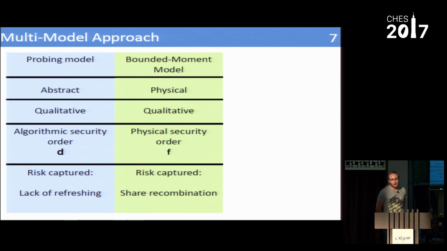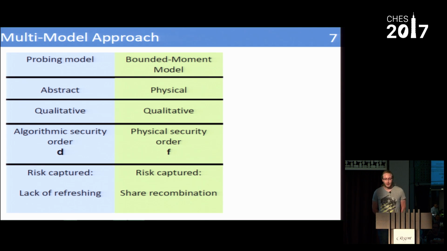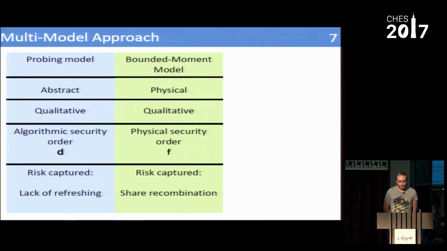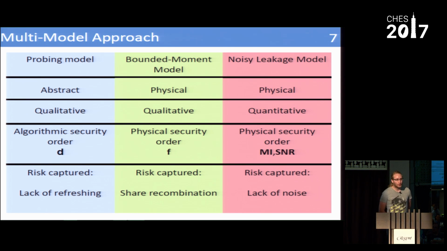Something to note here is that these two models are completely qualitative. From the algorithmic security order and the physical security order, we cannot derive the actual number of samples we need to attack the scheme. So we need a more concrete model, the noisy leakage model, which is a completely physical model and is quantitative.